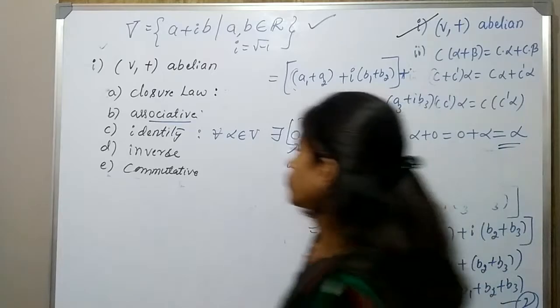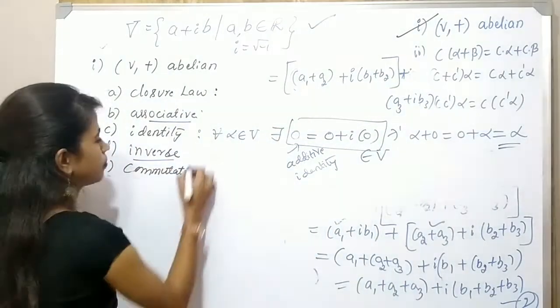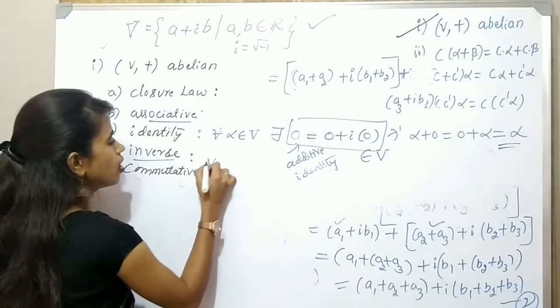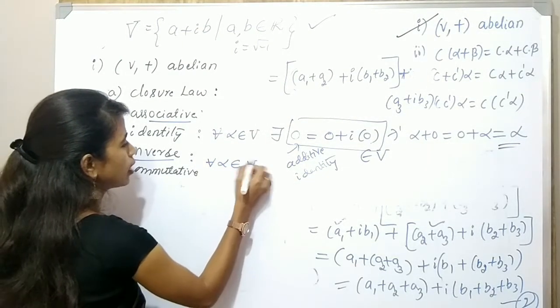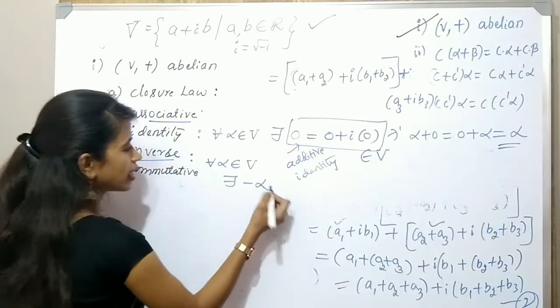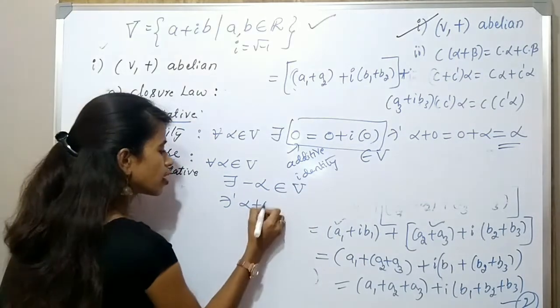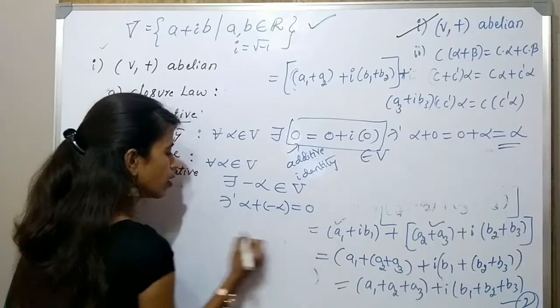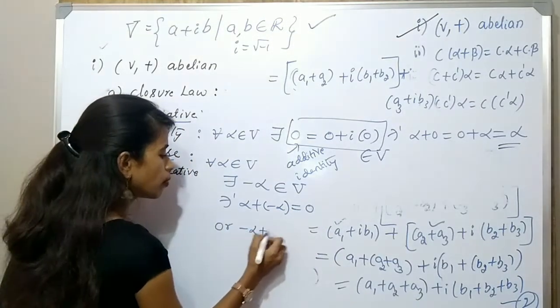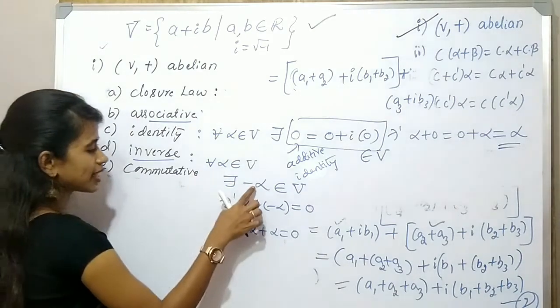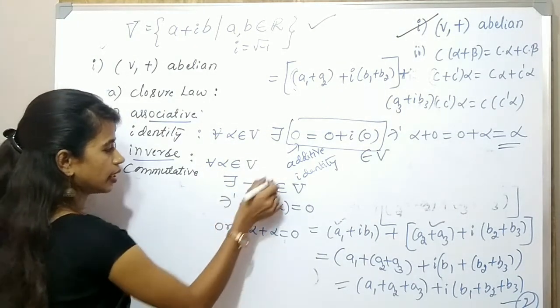Okay. So next, inverse law. For that, you must write only one sentence. For all alpha belonging to V, there exists minus alpha, which also belongs to V, such that alpha plus minus alpha is equal to 0, or minus alpha plus alpha is equal to 0. That is, for all alpha belonging to V, there exists an additive inverse, that is minus alpha.